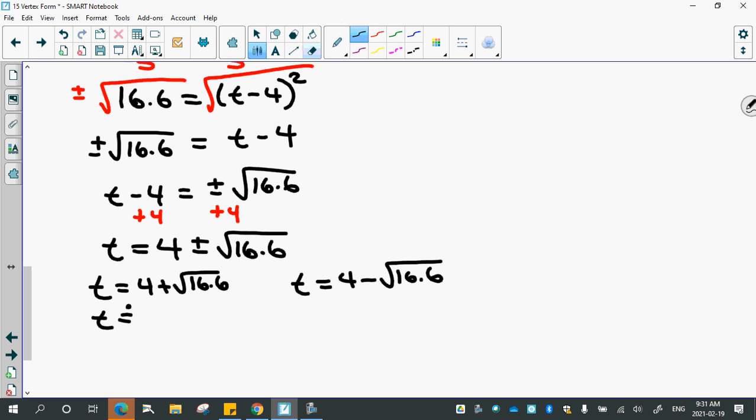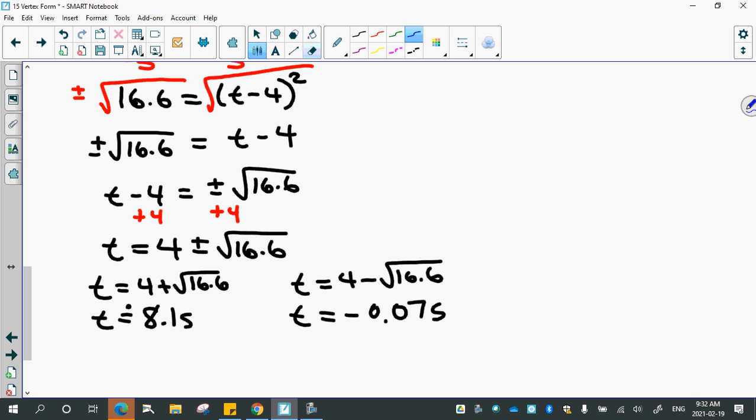So we go to our calculator now. We type in 4 plus the square root of 16.6, which gives 8.1 seconds. And 4 minus the square root of 16.6 gives me negative 0.07 seconds.